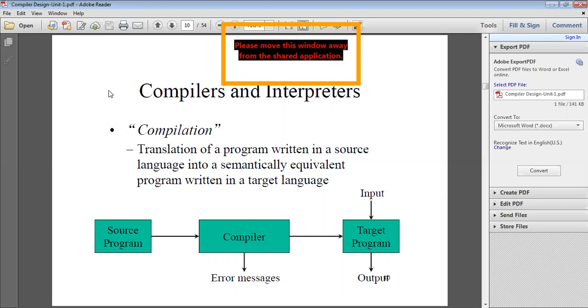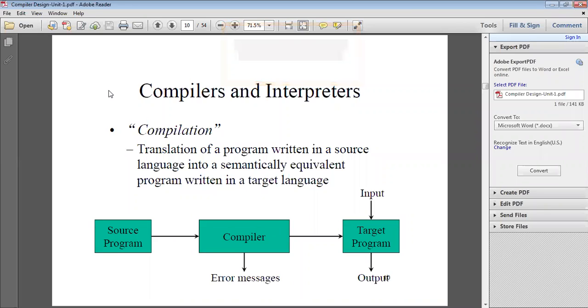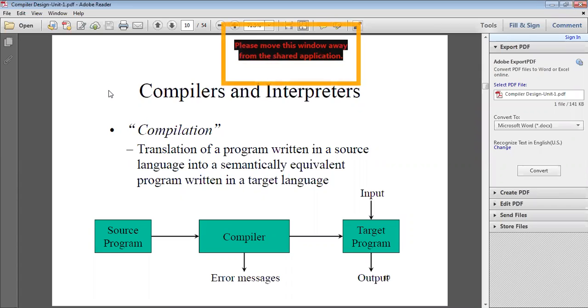It is the machine language program, which the computer can easily understand. And again, we get the output in the form of the source program, so that you can easily understand the output of your program.